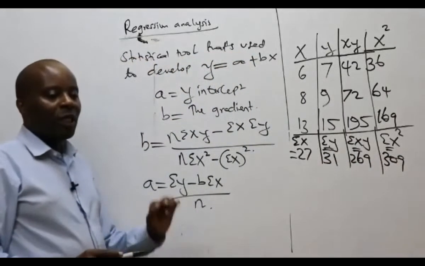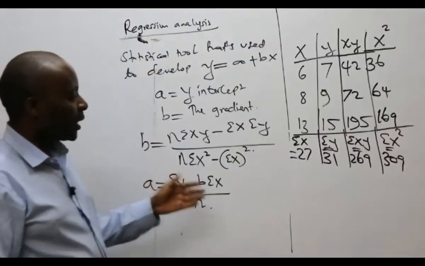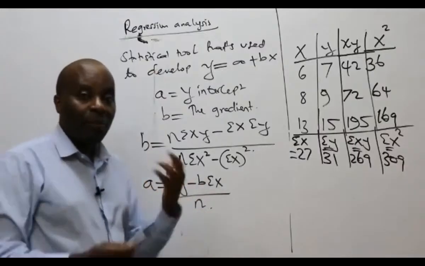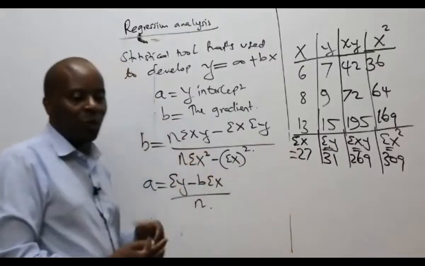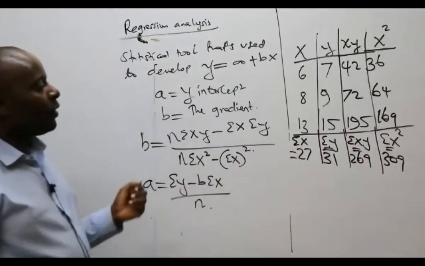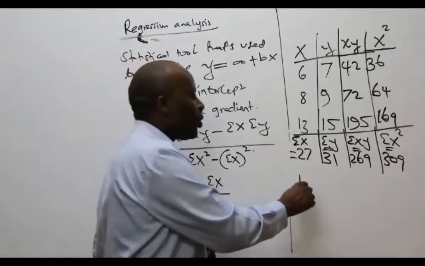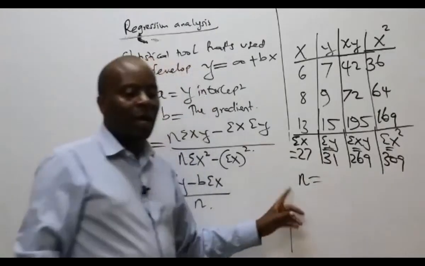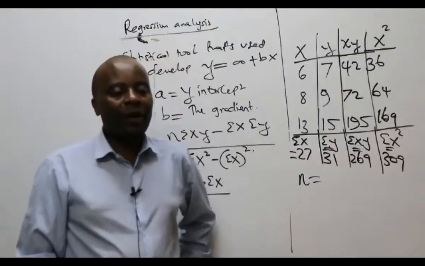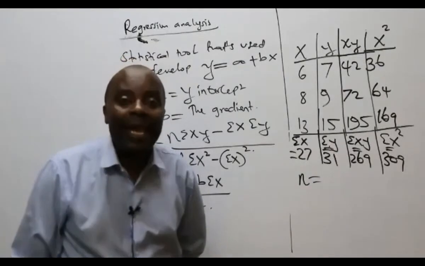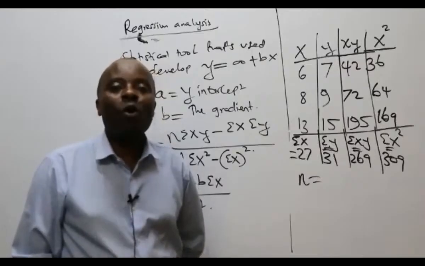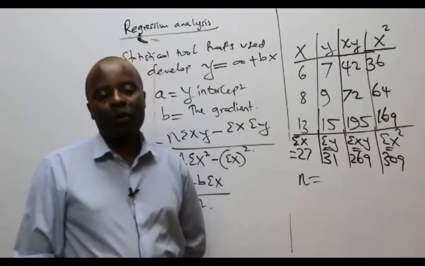Now, ladies and gentlemen, I would want us to move to the next level, which is plugging these summations into the formulas. The very first thing I want a student to tell me is the value of n. N stands for number of points.